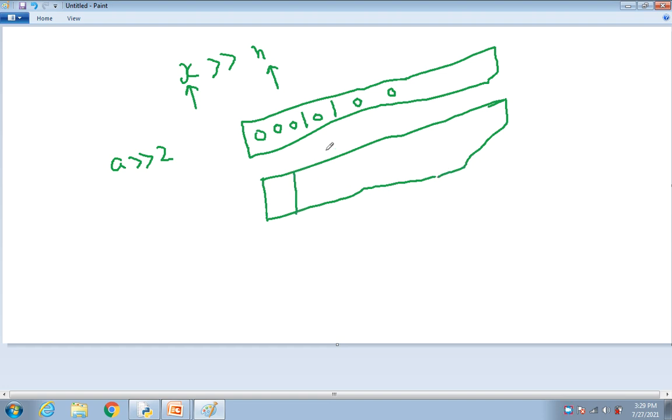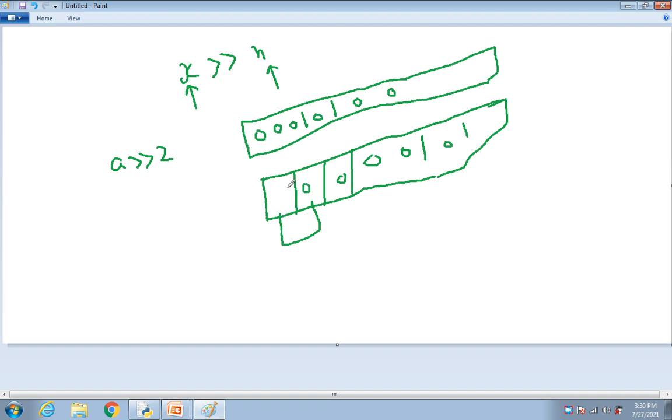We will leave the 2 spaces first. Then 0 0 0 1 0 1, and in this case 2 spaces are empty, so we will fill them with 0.